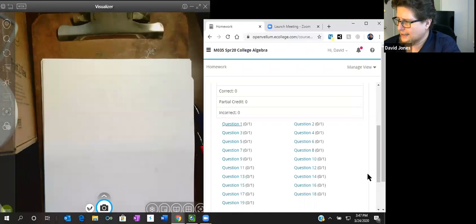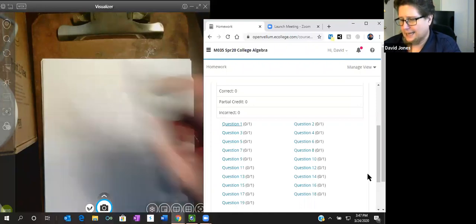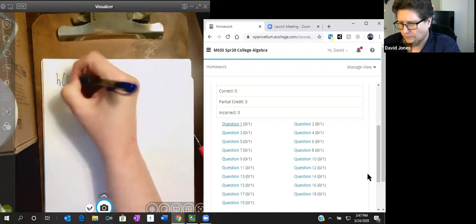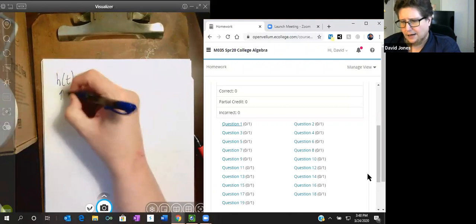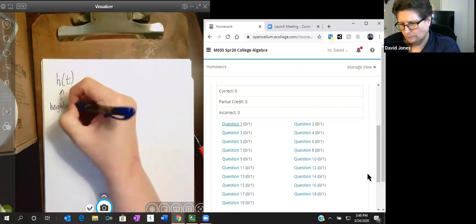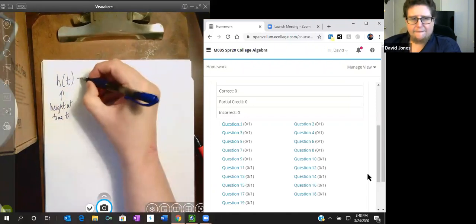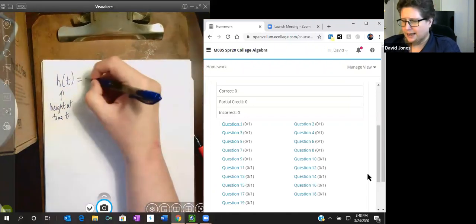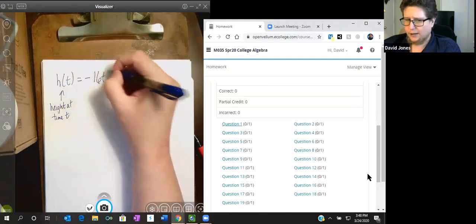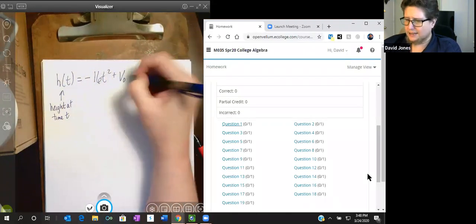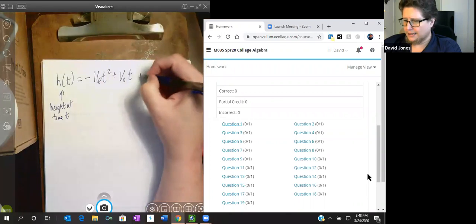Your height at any given time t, height at time t, follows the equation negative 16t squared plus v naught times t plus s naught.